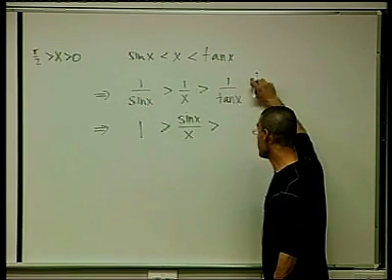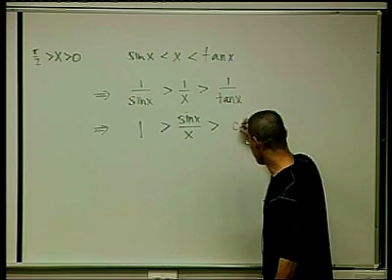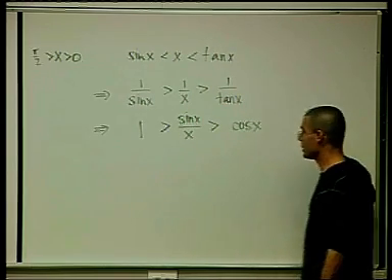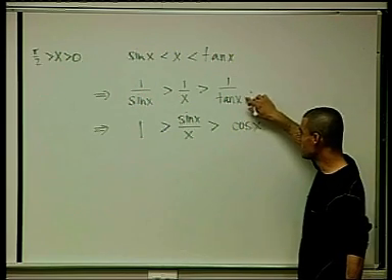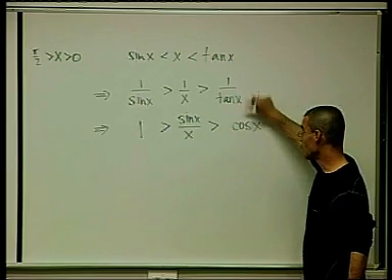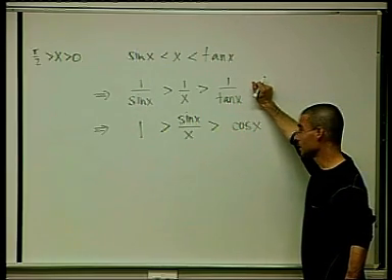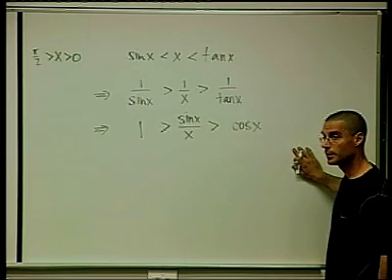So 1 over tan x is cosine over sine. Multiplied by sine, we just get cosine here. Did everybody follow this step? Right. Replace tan with sine over cosine. Good? Cosine over sine, multiply by sine, like I did to the entire inequality, I just get cosine.